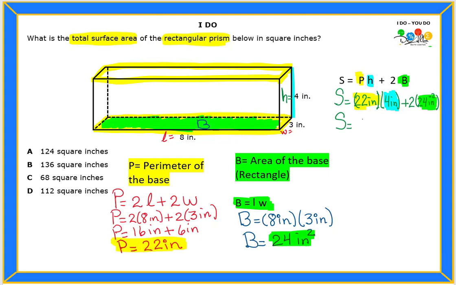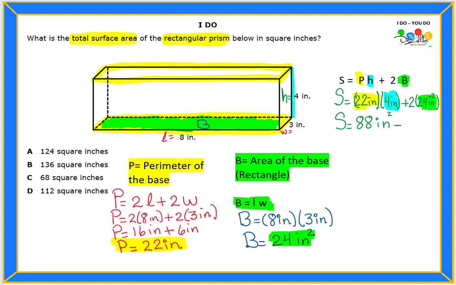That gives me 88 square inches. Remember that PH is the lateral surface area. If the question asked you to find the lateral, I would finish right there. But the question is total, so I need to continue.